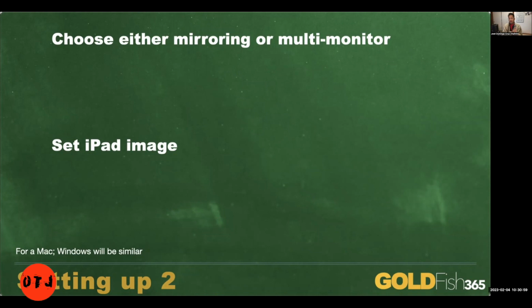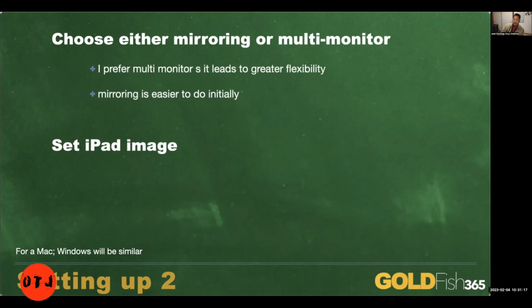After you get a bit of experience, I would actually recommend that you do that, because then you can edit even stuff that you want to do on the LMS as the kids are actually watching something else on the projector, and they don't have to watch you fumble around and edit in the same way that you guys are watching me fumble around right now. So the mirroring is easier to do, but you get greater flexibility if you do it in multi-monitor.